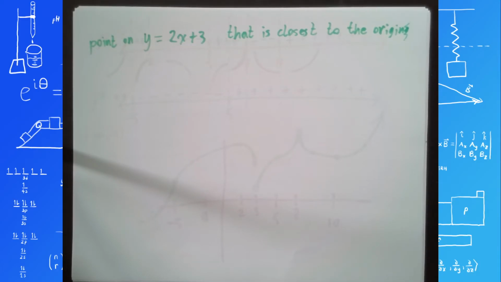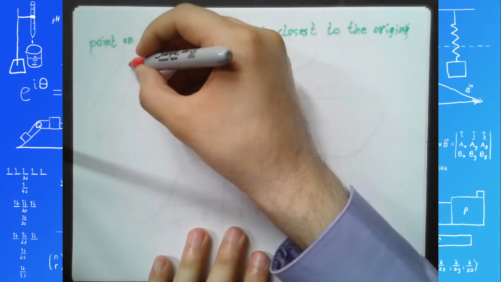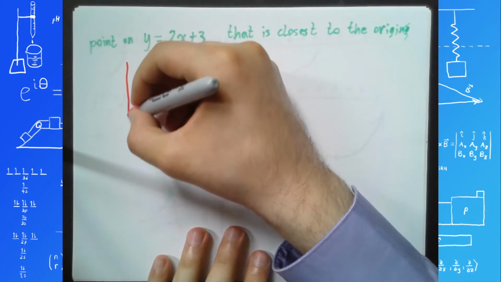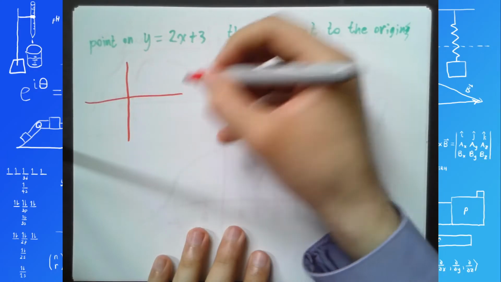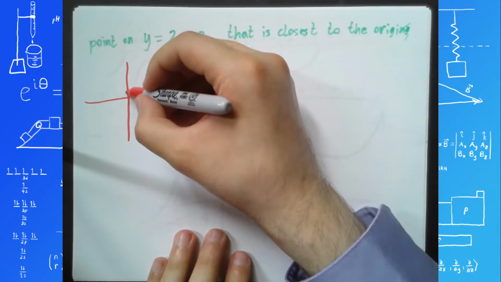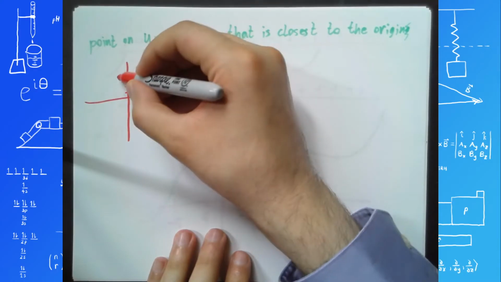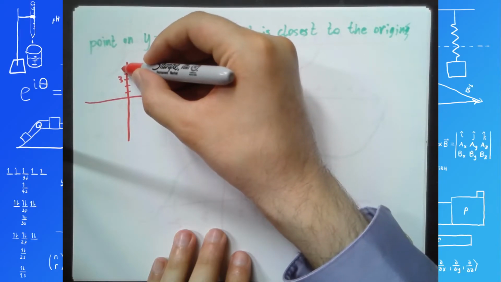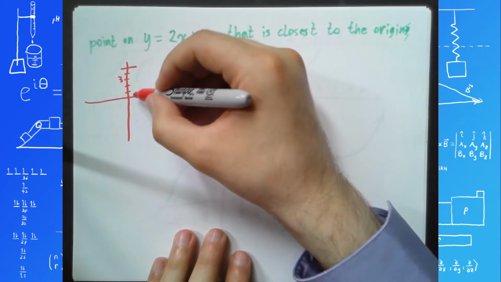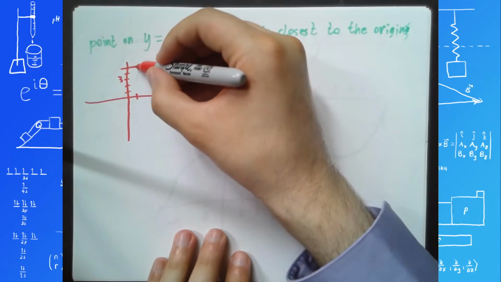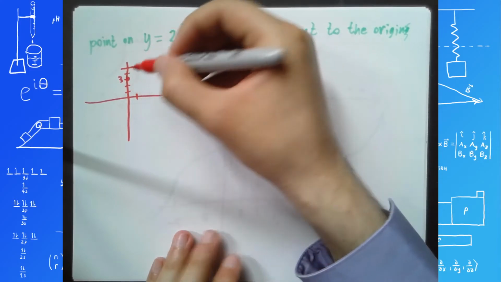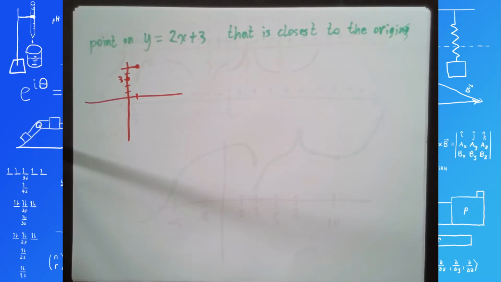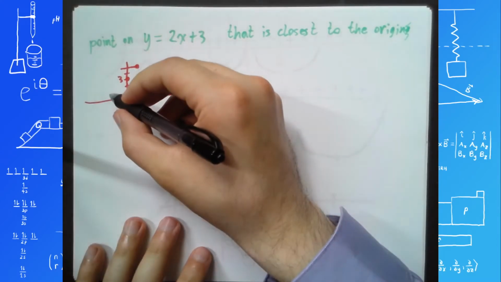I guess we might as well draw the graph and see what we're looking at. Okay, y equals 2x plus 3, so 1, 2, 3. I guess I'll mark a 4, 5, and then there's 2 points. Let's just do it with the pen.